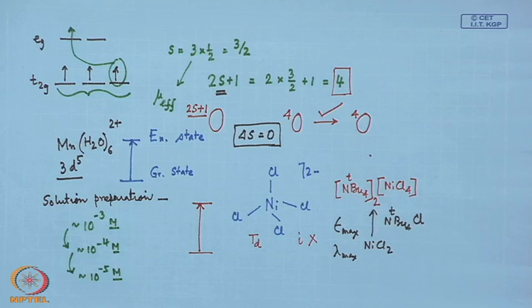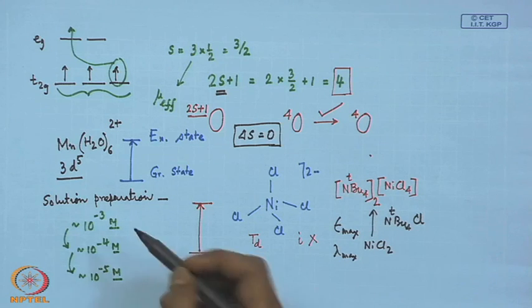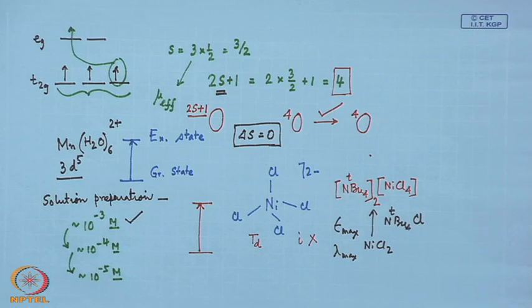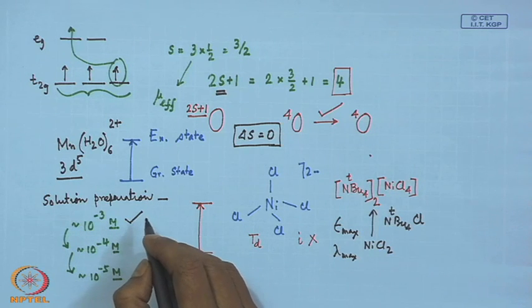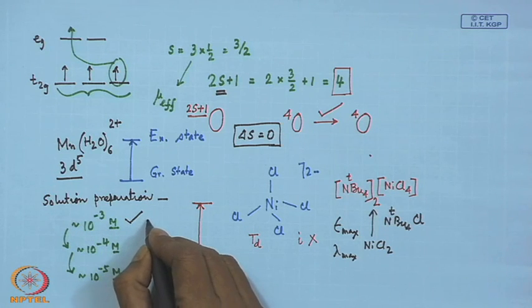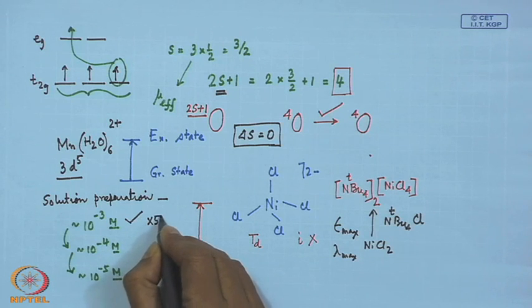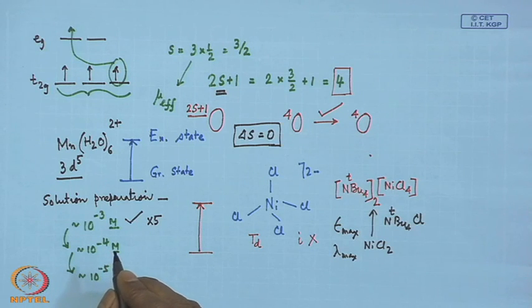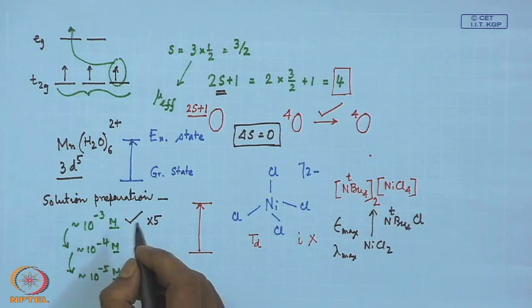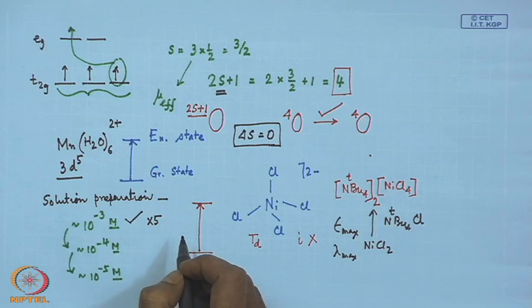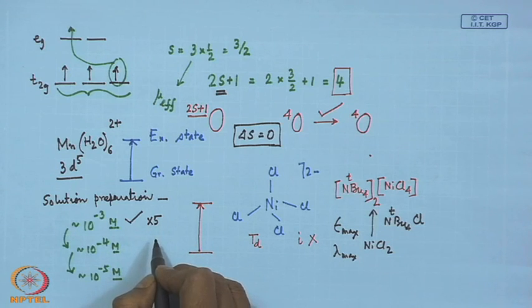So for most of the d-d transitions which we are observing here, which have low intensity, can be observed with this concentration. Even if it is not concentrated 10 times, it can be concentrated 5 times to measure a significant absorption, such as what we just have seen in case of the hexaaquo cobalt compound.